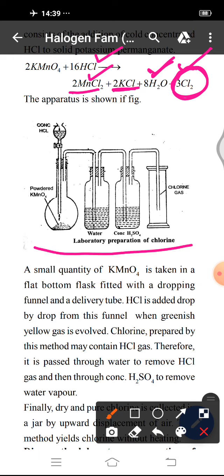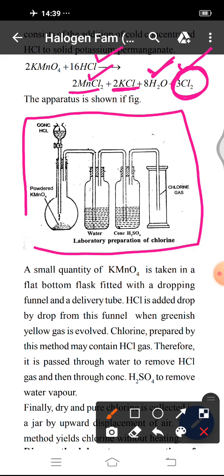This is the laboratory setup of preparation of chlorine from KMnO4 and HCl. A round bottom flask is taken, in which powder KMnO4 is placed, and to this flask one thistle funnel is connected through which concentrated HCl is added, and one delivery tube is attached to it.